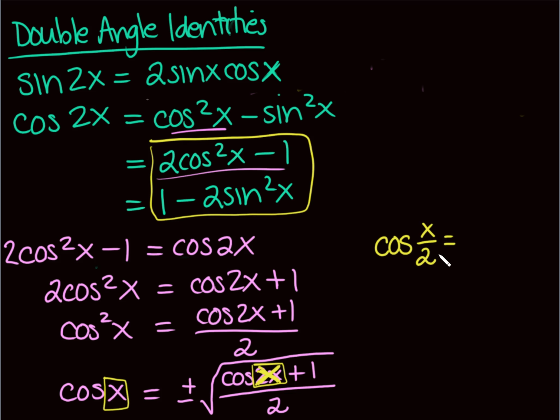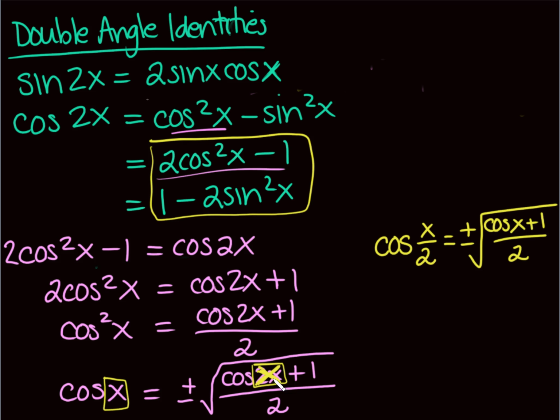So what we get for these half angle formulas is the cosine of x over 2 is plus or minus the square root of cosine of x plus 1, all over 2. I'm really just making a substitution here, and you can see why I'm going to give these to you. We're going to do some examples that you'll see are really nice.